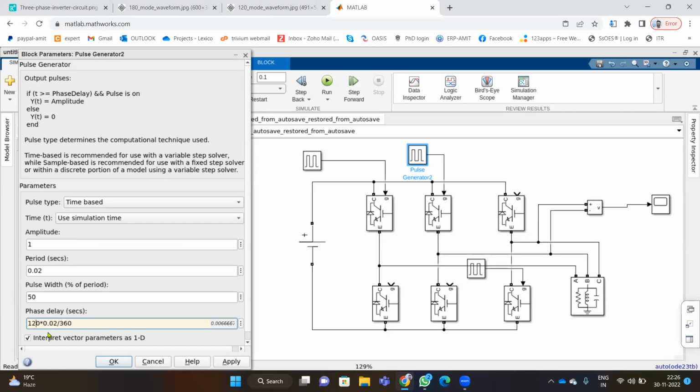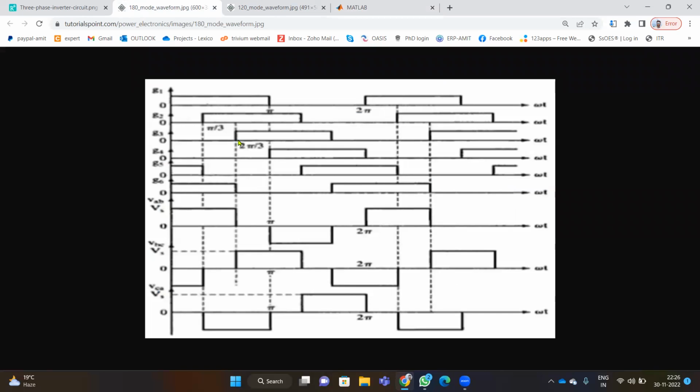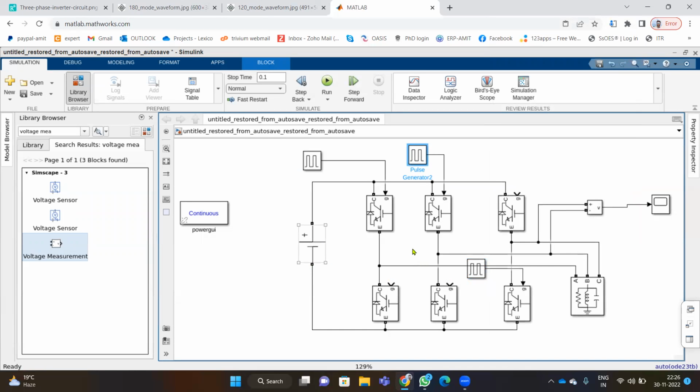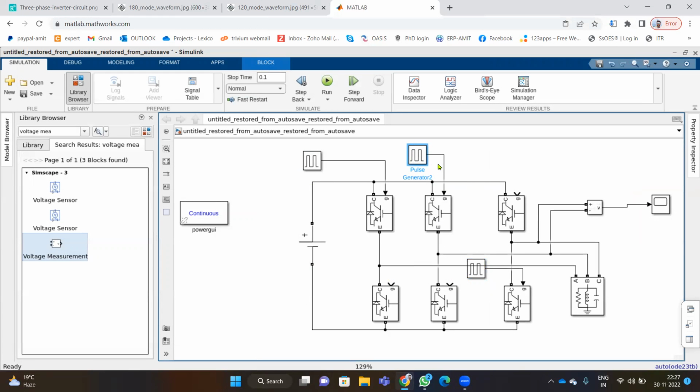Here we need switch 3 to start at 120 degrees, and it will conduct till 300 degrees. See, switch 3 will start at 2 pi by 3, and it will conduct up to 300. Okay, so we put 120 degrees here. Then S4.